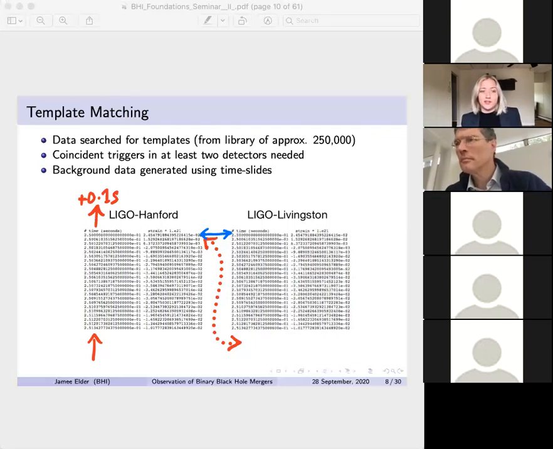What this involves is essentially shifting the timestamps on the data in one detector relative to the measured strain, so that any genuine signals in the two sets of data will no longer be correlated. And so any correlations that pop up when you do the search must be produced by noise. By repeating this procedure, you can generate a background and estimate how often noise is likely to produce false signals.